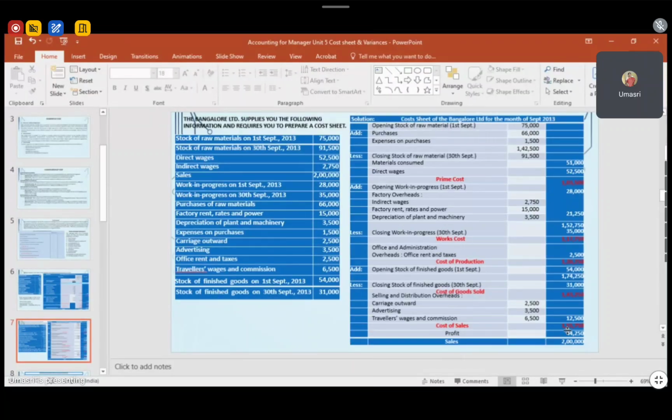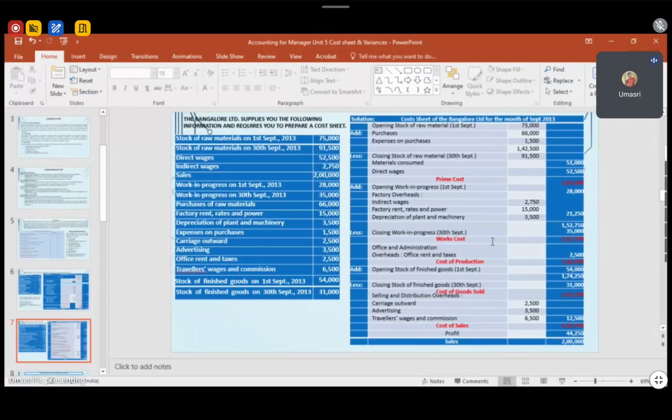Do you understand? While doing prime cost, if you have opening and closing raw material, you have to adjust it to find direct material used for production. Opening and closing work in progress, you adjust in the factory overhead. Prime cost plus opening work in progress plus factory cost minus closing work in progress is factory works cost. Works cost plus office and administration overhead is cost of production.